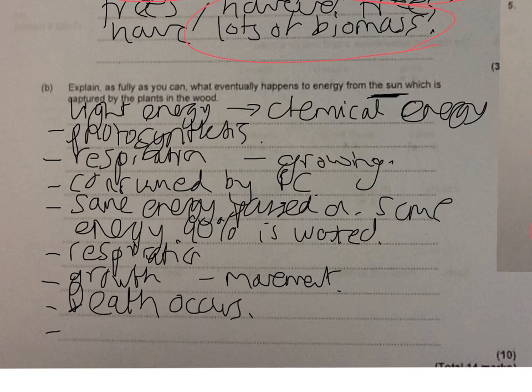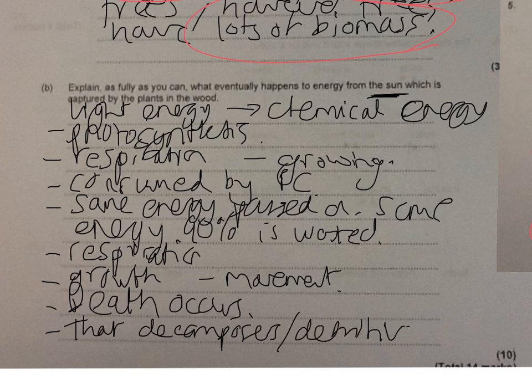But you need to mention that decomposers and detritivores can get that energy through decay. So that's the decay process there, folks. Okay, so we've got there so far 1, 2, 3, 4, 5, 6, 7, 8, 9, 10 points that you could have mentioned.